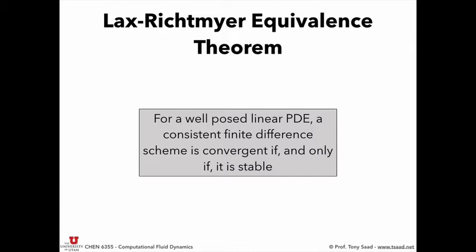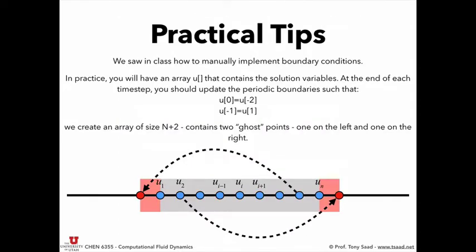Now, in the next few slides, I'm going to try to do the 2D advection equation. But first, I want to give you a very practical tip regarding implementing periodic boundary conditions. So last time, if you remember, we wrote the code, and we said, okay, we solve only on the interior of the domain, and then at the end of the domain, if the wave is moving to the right, we just specifically apply the finite difference equation at that point and pick up the periodic points in that term.